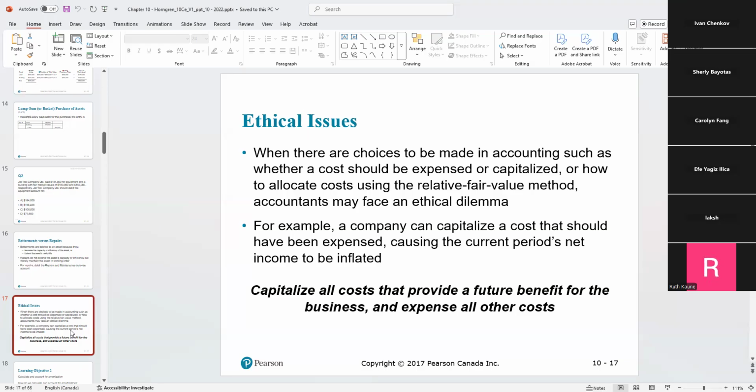Until 2000, when these people came and said, oops, we made a mistake. There was this cost which we capitalized, which actually is not supposed to be capitalized. It had to be expensed.